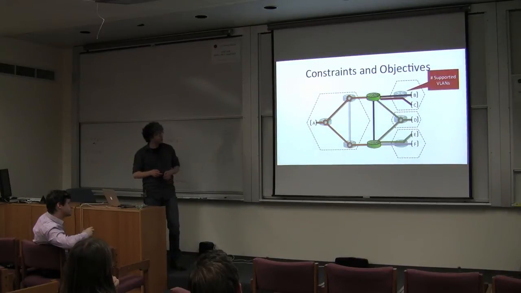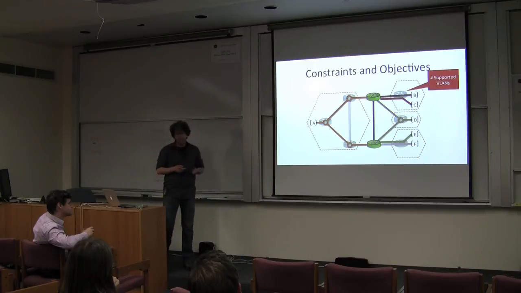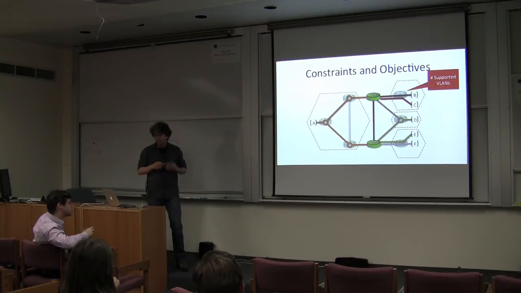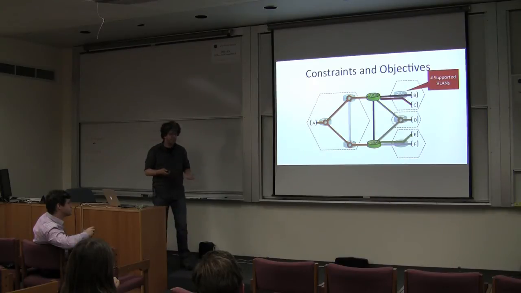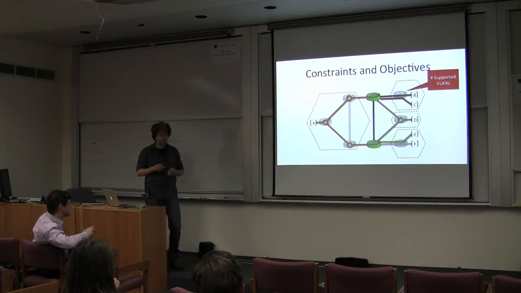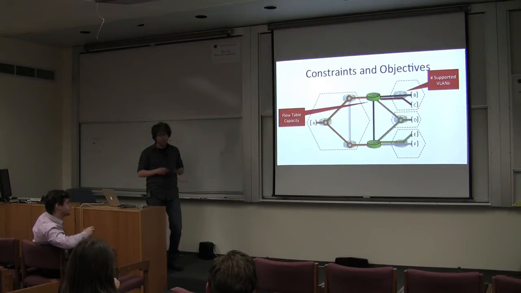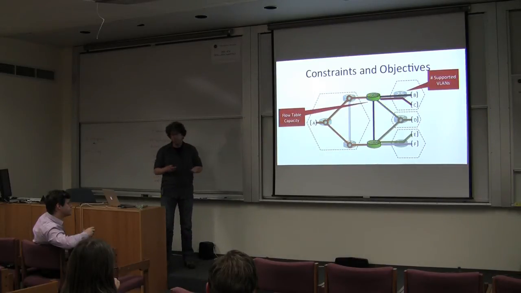The first constraint is the number of VLANs that are supported in the legacy network. This dictates how many endpoints we can have in a cell block, because we need them to be able to realize the SDN Waypoint Enforcement policy. The second is naturally the capacity of the SDN switches, the flow table capacity.